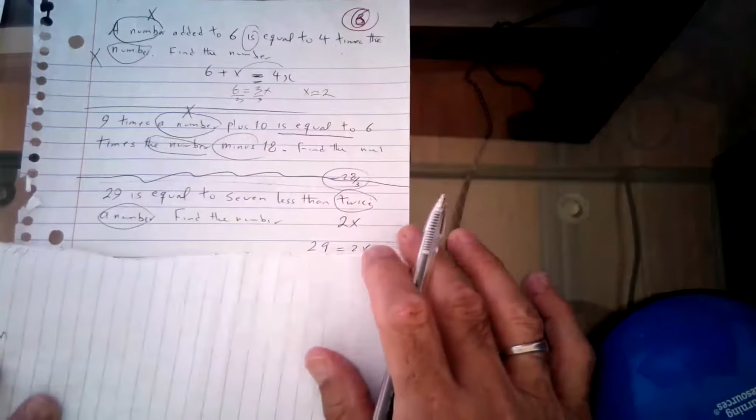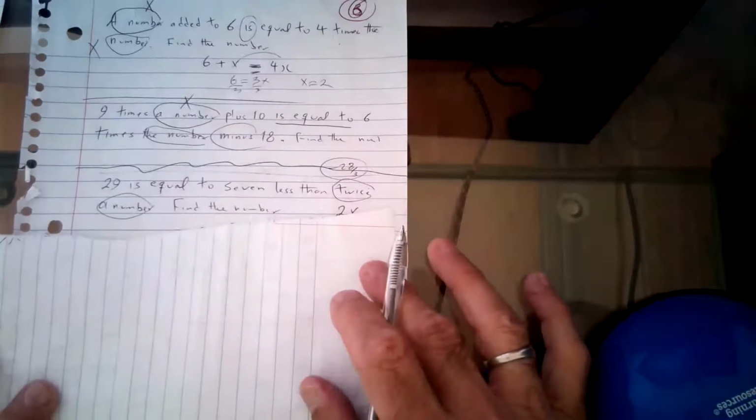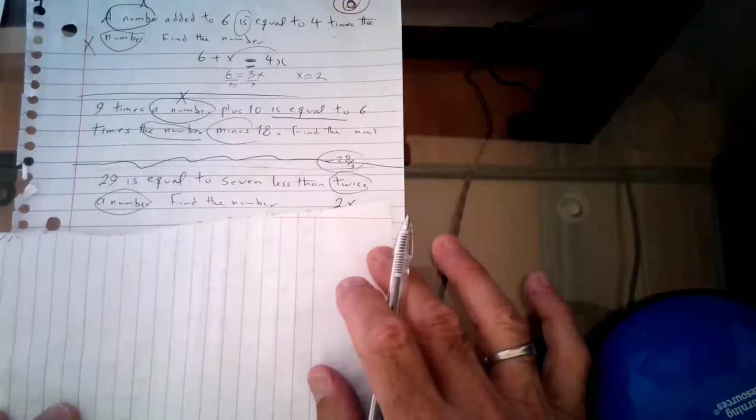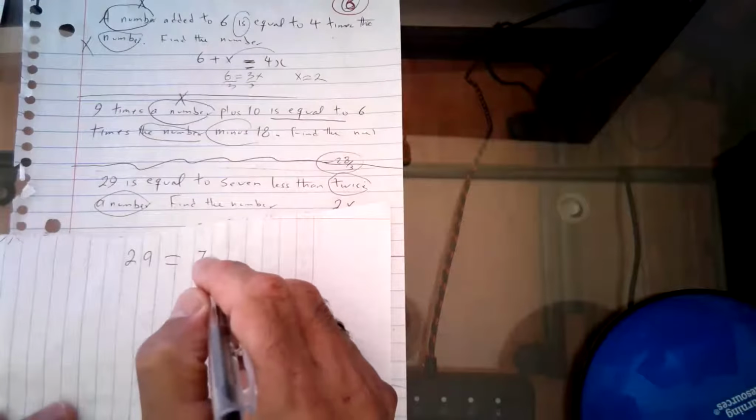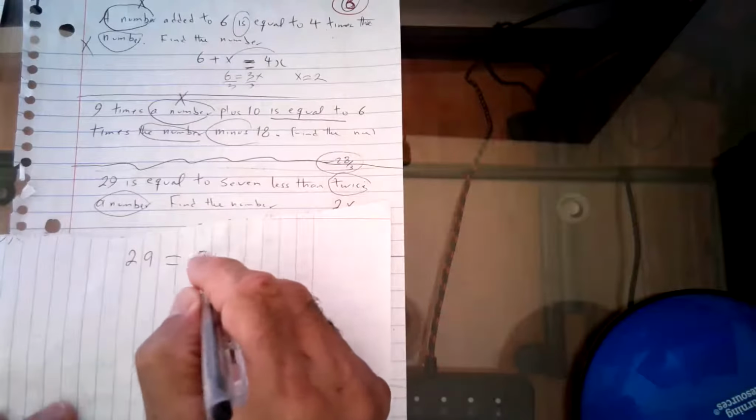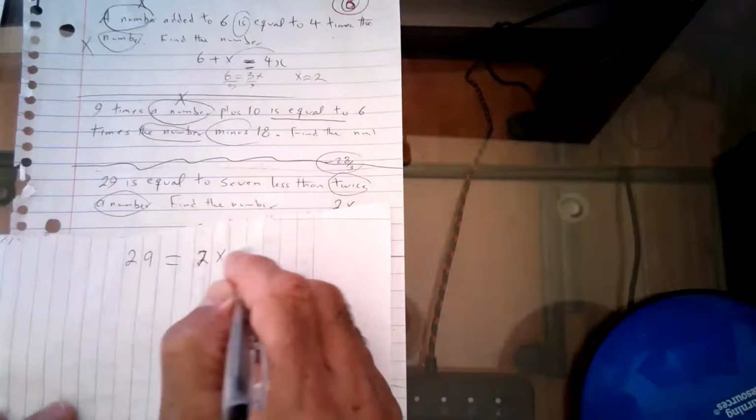Another one. 29 is equal to 7 less than twice of the number. Twice a number, subtract from 7. 7, subtract from twice of the number. 2x minus 7.